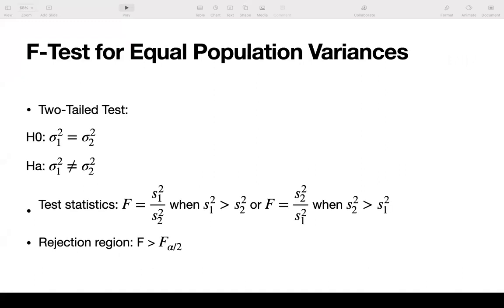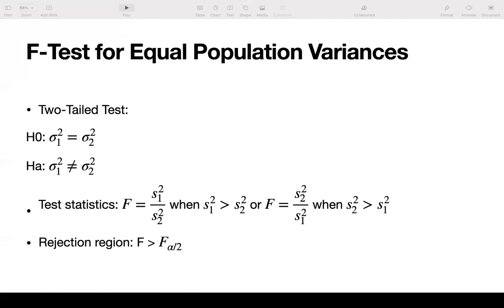They are the degrees of freedom for the numerator and denominator sample variances, respectively. We also have the two-tailed test, where the null is the same and the alternative is sigma 1 squared does not equal sigma 2 squared. The test statistic is F equals S1 squared divided by S2 squared when S1 squared is larger than S2 squared, or we have S2 squared in the numerator when S2 squared is larger than S1 squared.